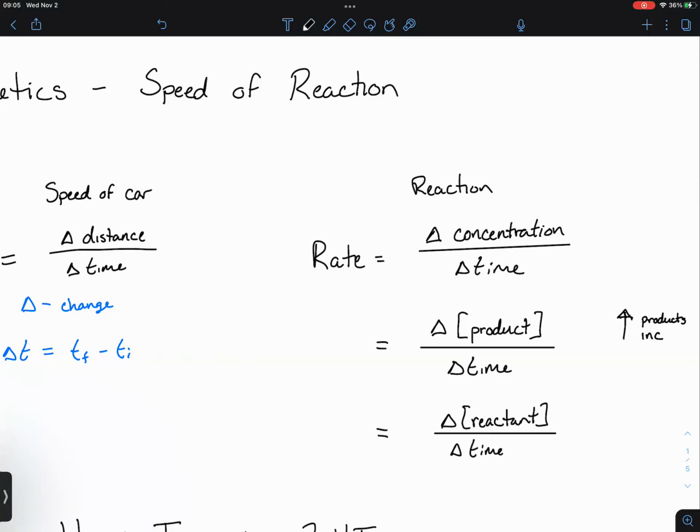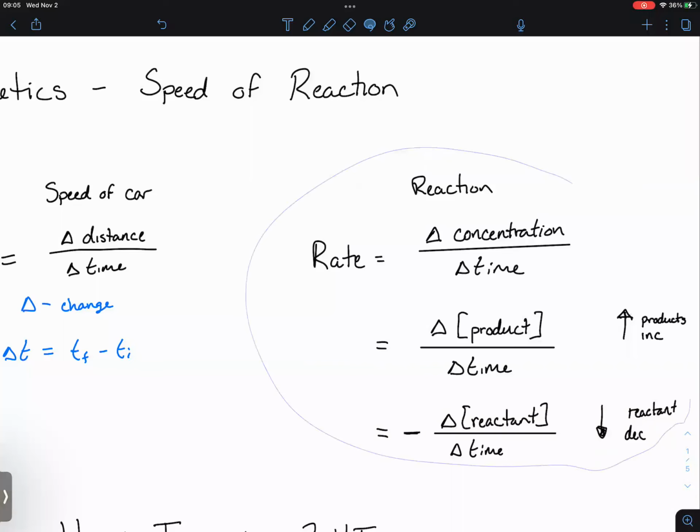But remember, reactants are consumed in a reaction. Their concentration decreases. So if we're going to determine the rate of a reaction by looking at the change in concentration of the reactant, we're going to have to multiply it by -1, because rates are always positive values.